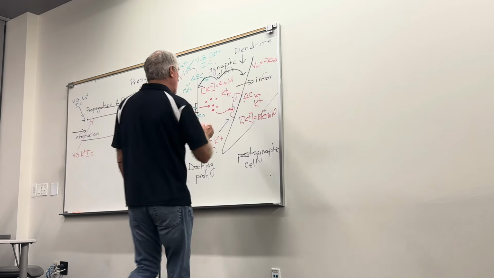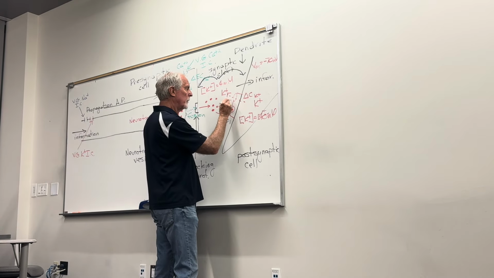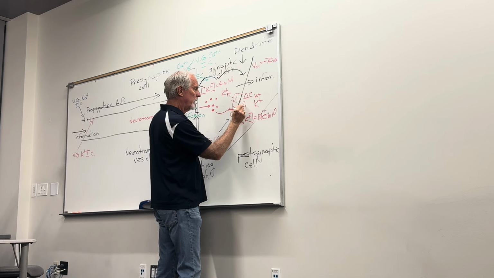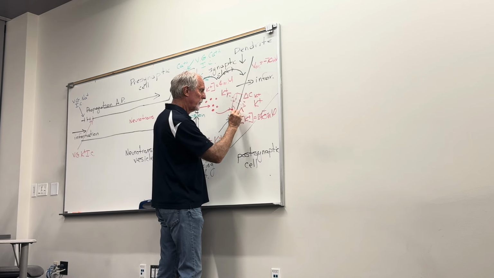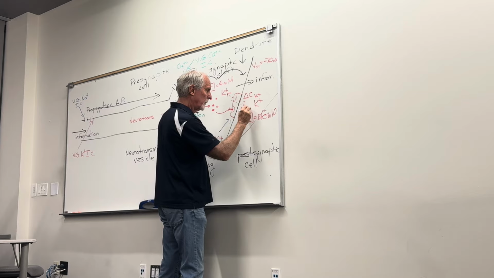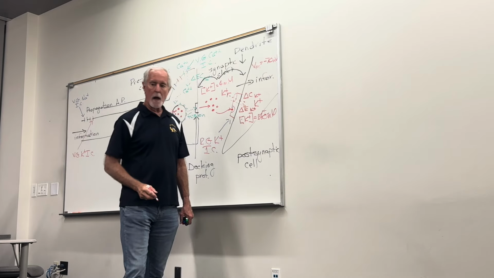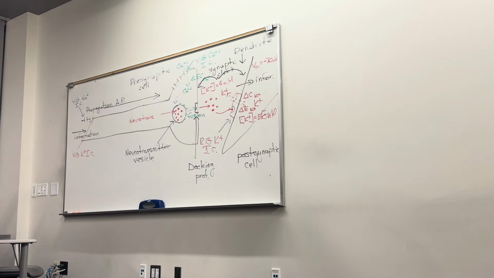How do I know which of these two forces is greater? Well, the Nernst equation tells me what the equilibrium potential is for any given ion. The equilibrium potential is one where the electrical gradient is exactly equal to but opposite the chemical gradient. The equilibrium potential for potassium is minus 90 millivolts. We're not there.